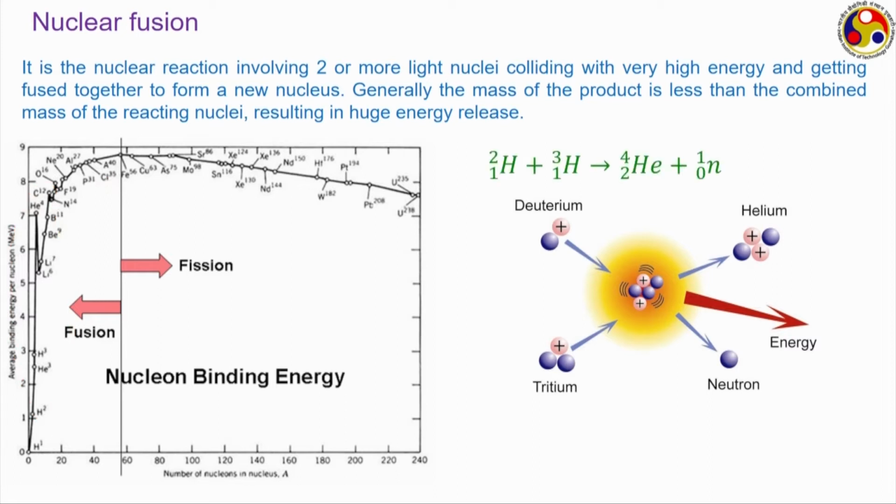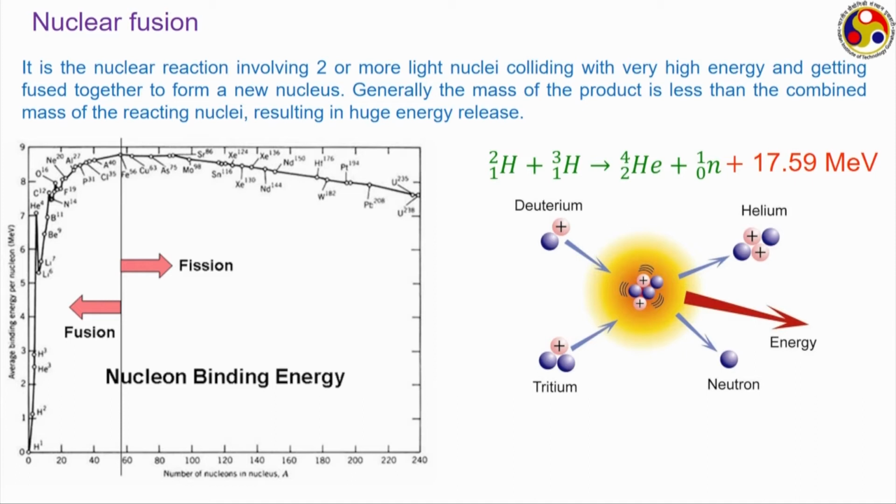Now, writing this equation, 1H2 plus 1H3 will be equal to 2He4 plus the neutron plus energy, and how much? About 17.6 MeV of energy. That is, just by combining one deuterium and one tritium nucleus in a fusion reaction, we are getting about 17.6 MeV of energy.